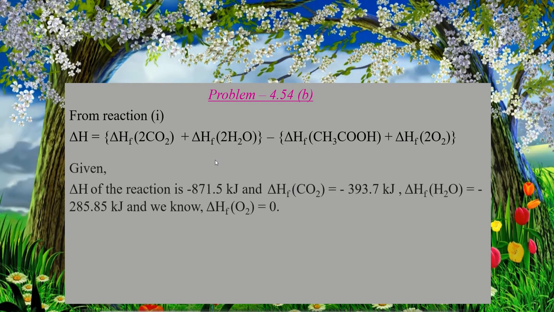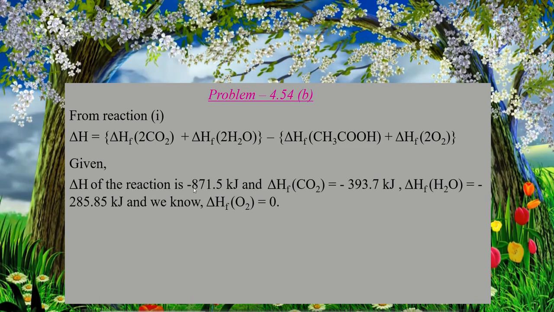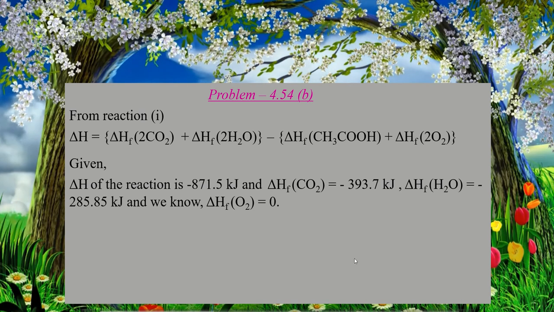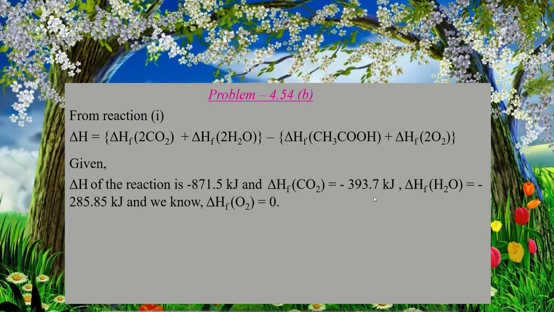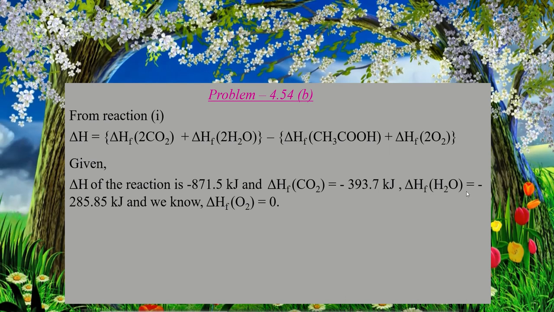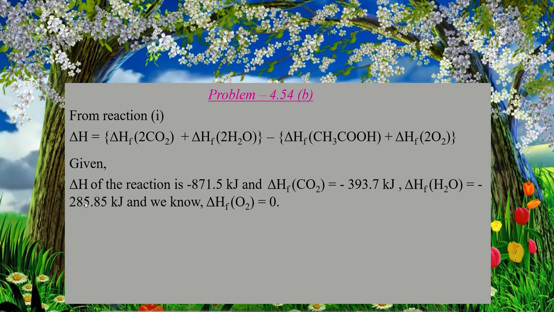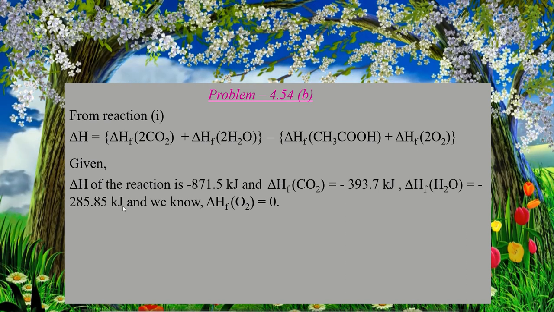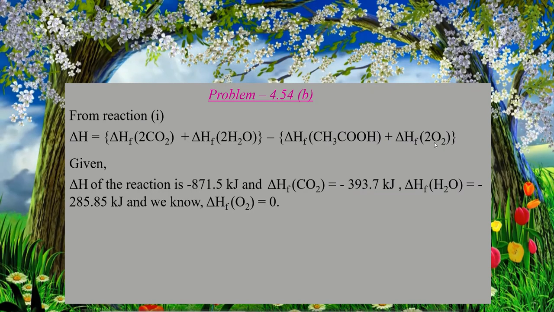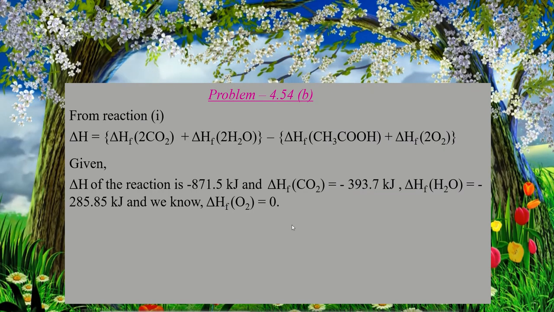So the given heat of reaction is minus 871.5 kilojoule, heat of formation of carbon dioxide is minus 393.7 kilojoule and heat of formation of water is equal to minus 285.85 kilojoule. And we know the heat of formation of oxygen, this is an element, so it will be 0.